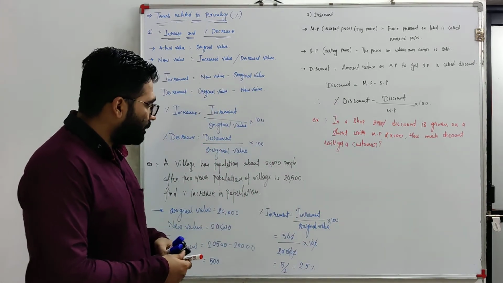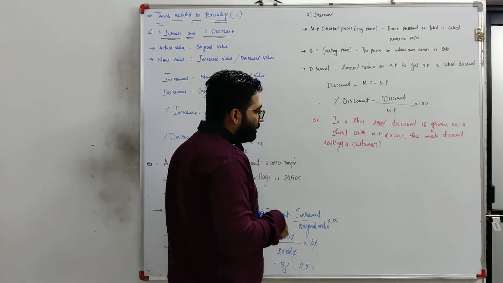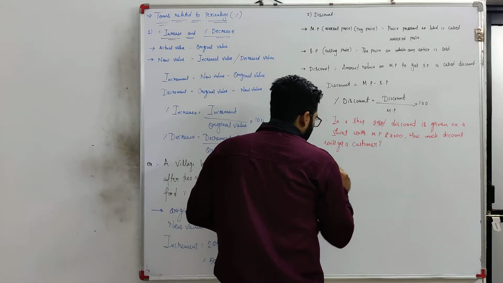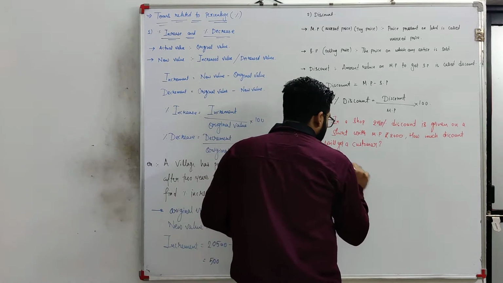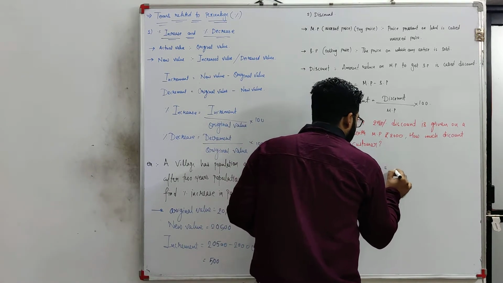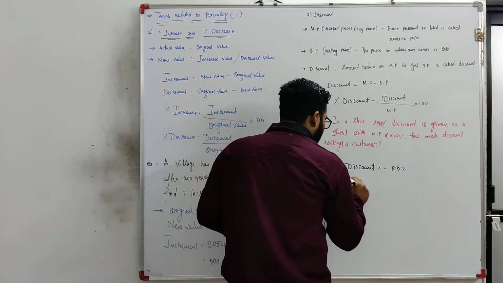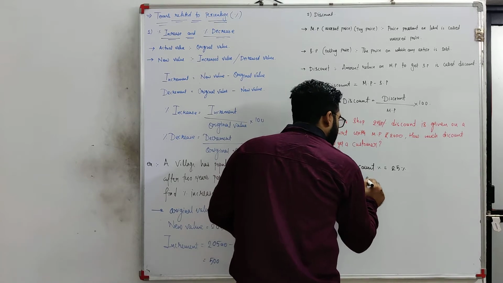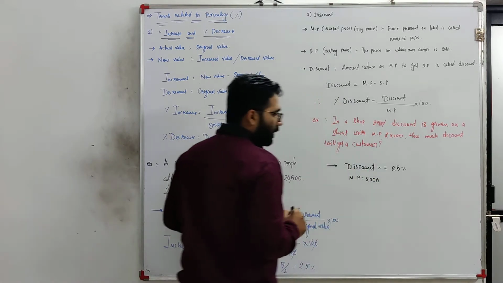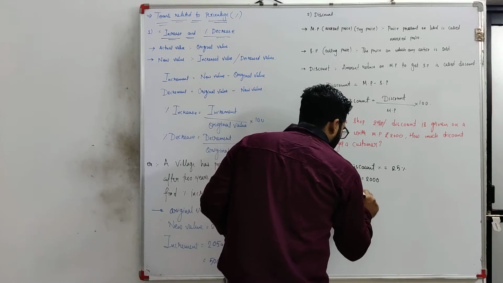So let us see the question. For this question, I need to find the discount. It is given that the discount percentage is 25%, and the mark price is 2000. Now I want to find the discount, so I am using the formula.